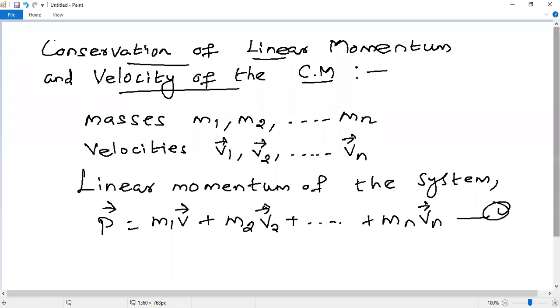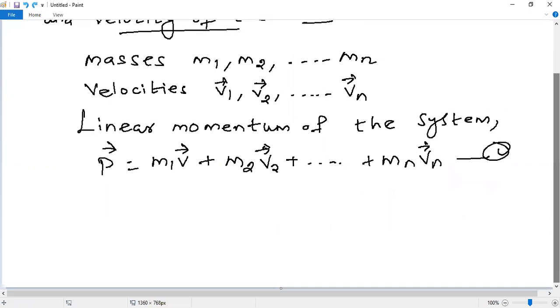What is Newton's second law of motion? Very fast you want to remember. The force is directly proportional to rate of change of momentum. Yeah, good. Same formula, ma. The force is equal to the rate of change of momentum, dp by dt.